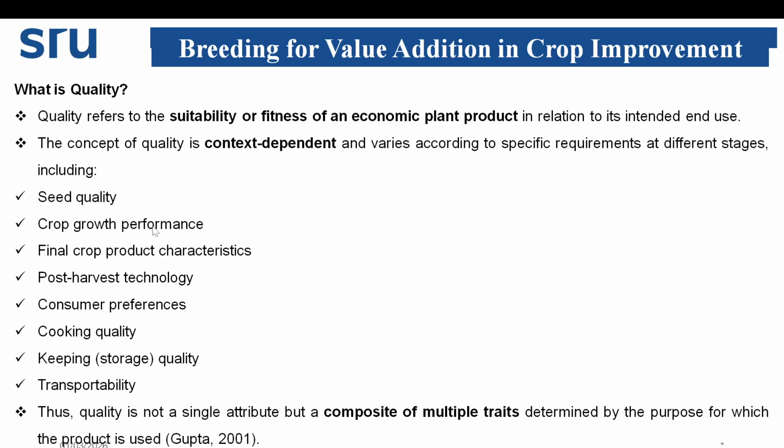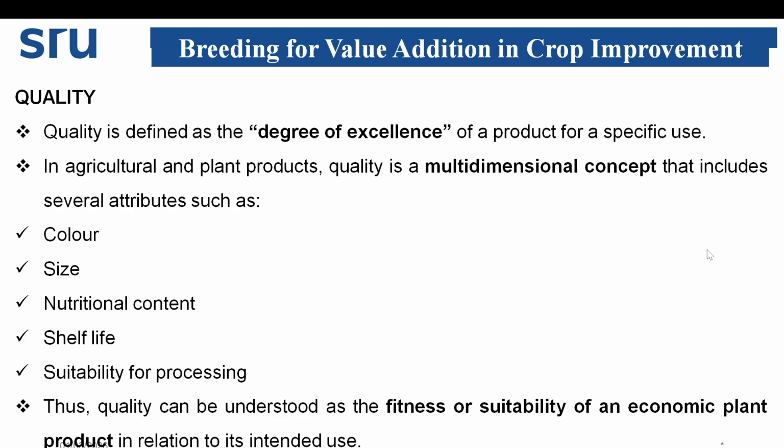So this concept of quality is context dependent. It depends on the context. Thus, the quality is not a single attribute but a composite of multiple traits determined by the purpose for which the product is used. Right. So quality is defined as degree of excellence of the product for that specific use.